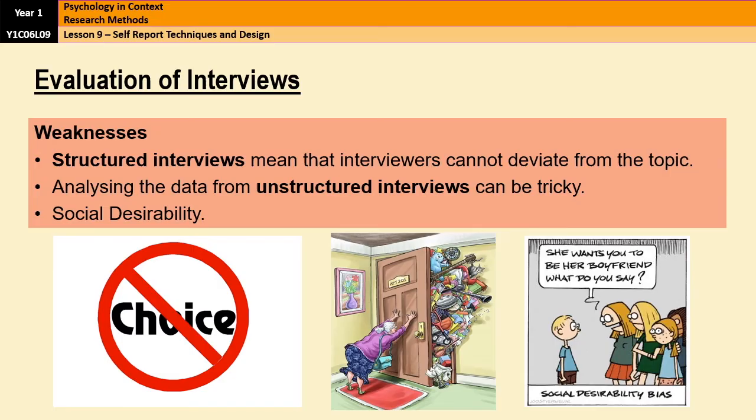Now it has to be said as well that a trained and good interviewer should be able to establish enough of a relationship with the person that they're interviewing to either be able to see through it or to put them at ease enough to make them not worry about how they're answering certain topics. But social desirability bias is always going to be a little bit of an issue.